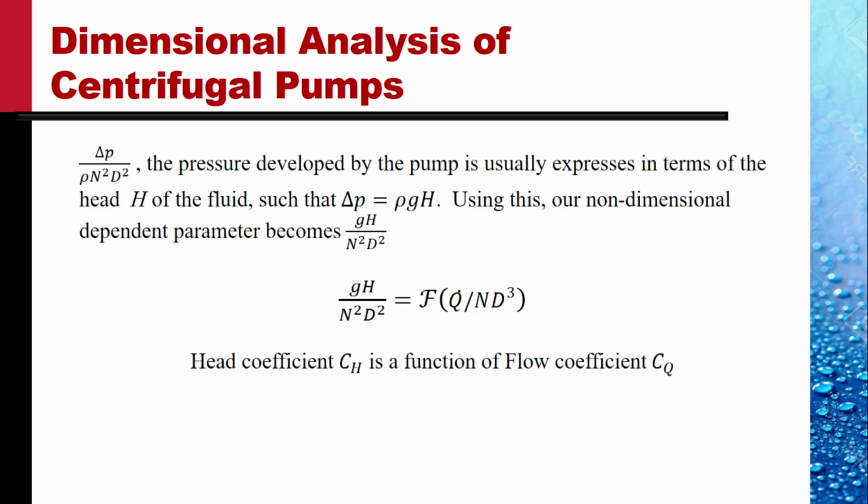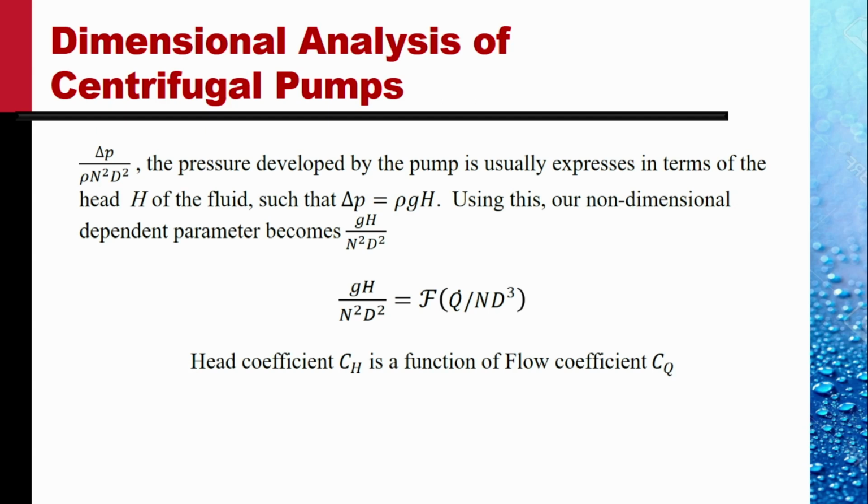Delta P divided by rho n square d square. The pressure developed by the pump is usually expressed in terms of the head H of the fluid, such that delta P is rho g H. So delta P is replaced by rho g H, where H is the head developed by the pump.